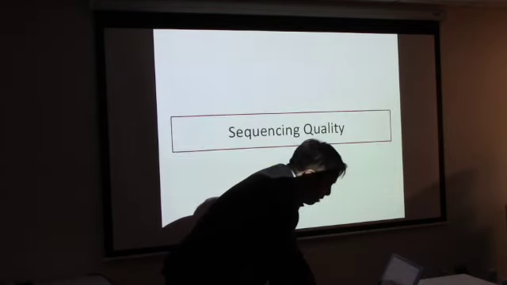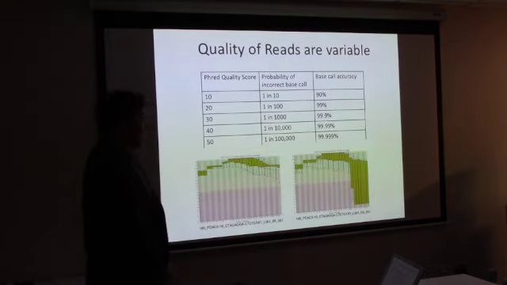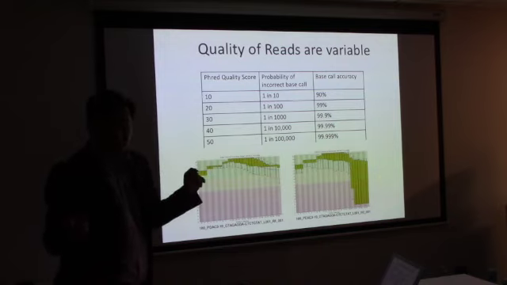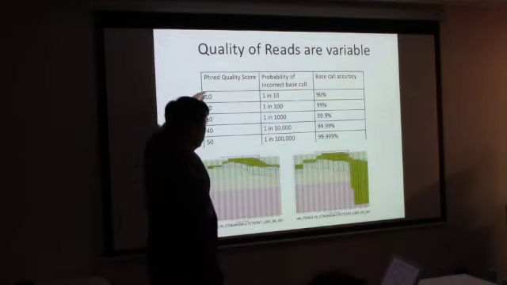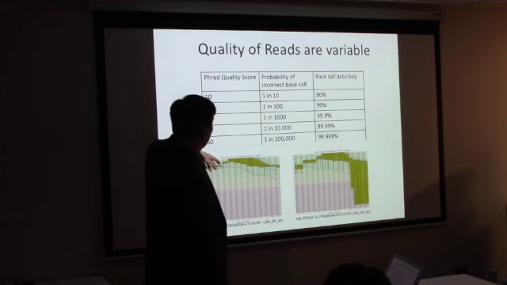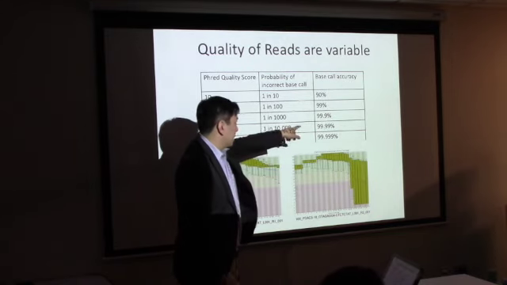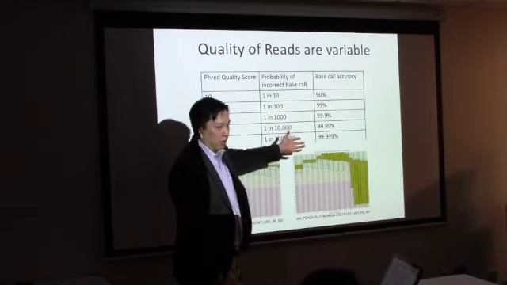So why do we care about sequencing quality? This is quality reads. Did you already do this quality read? A little bit yesterday, but yeah. All right, the bottom line is the Phred score is your quality of sequencing. On average, it's about a Phred quality score of 30, which is 99.9% accuracy, so 0.1% error, right?